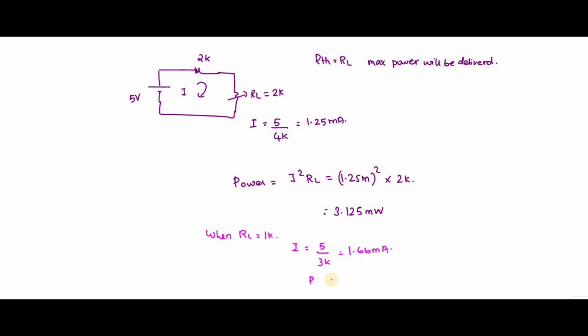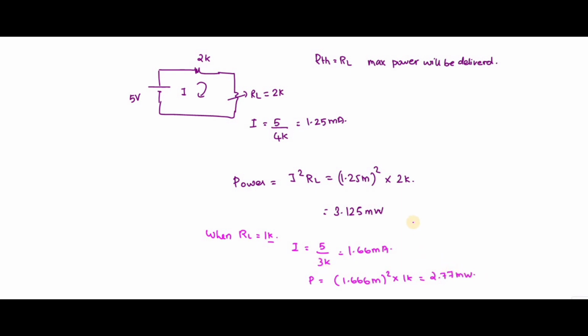So the power is 1.66 milliamps squared into 1K, that is nothing but 2.77 milliwatts. Okay. So if I choose 1K, you will see the power gets decreased.